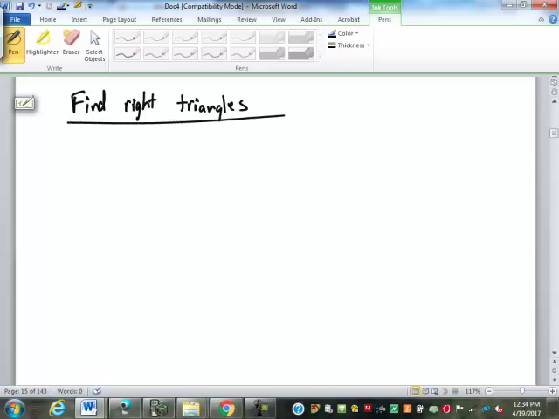And as we saw yesterday with our angles of elevation and angles of depression, one place where we can find right triangles is if we have vertical and horizontal components.